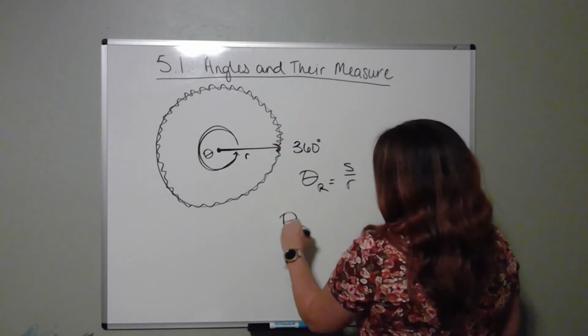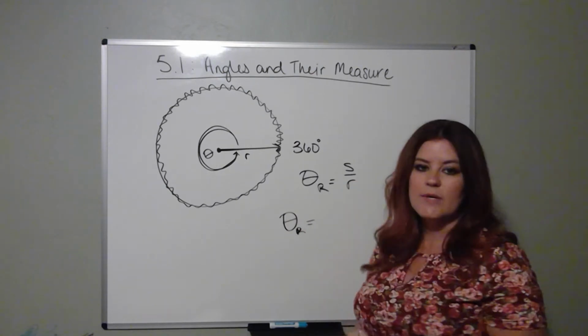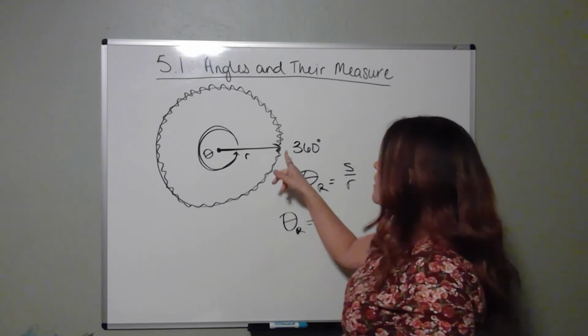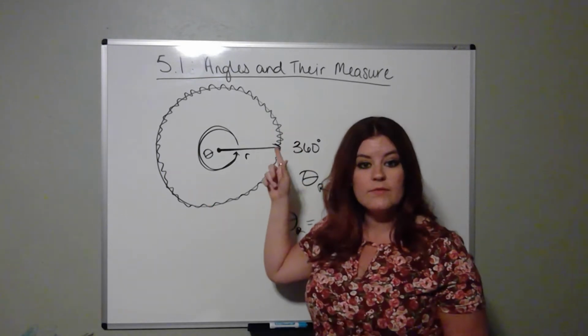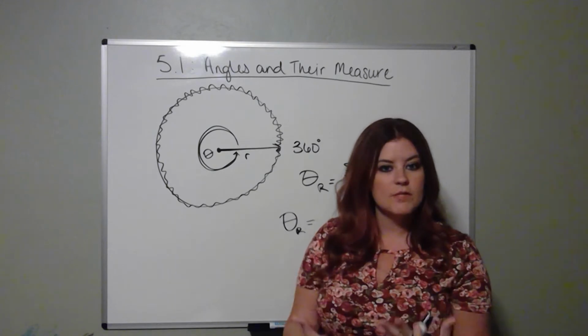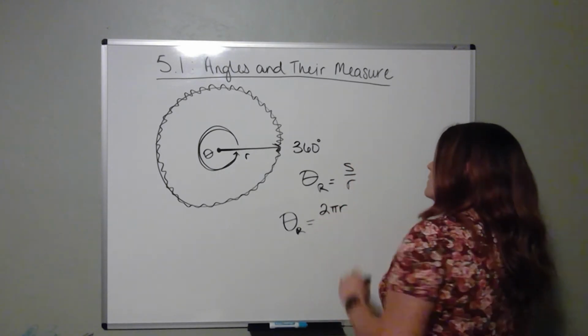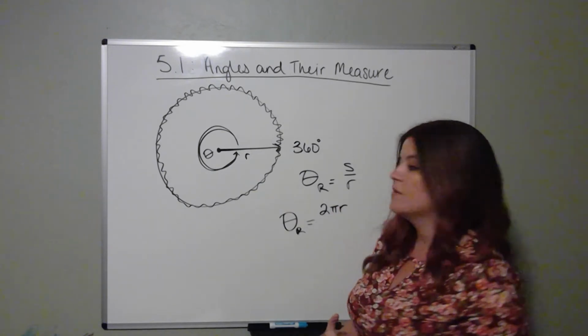So theta in radians equals, let's find another way to say s. The arc length is the whole circumference of the circle. So instead of just writing s, why don't I write the circumference of a circle? Isn't that 2 pi r? Little geometry there for you.